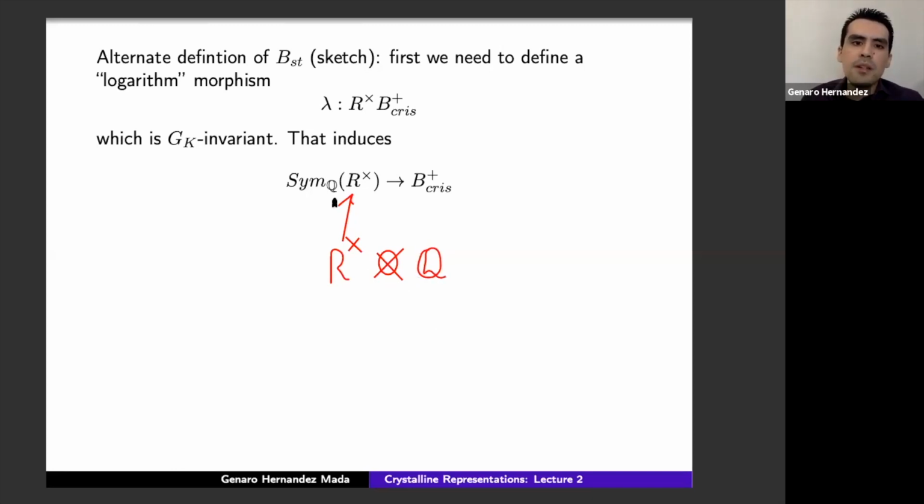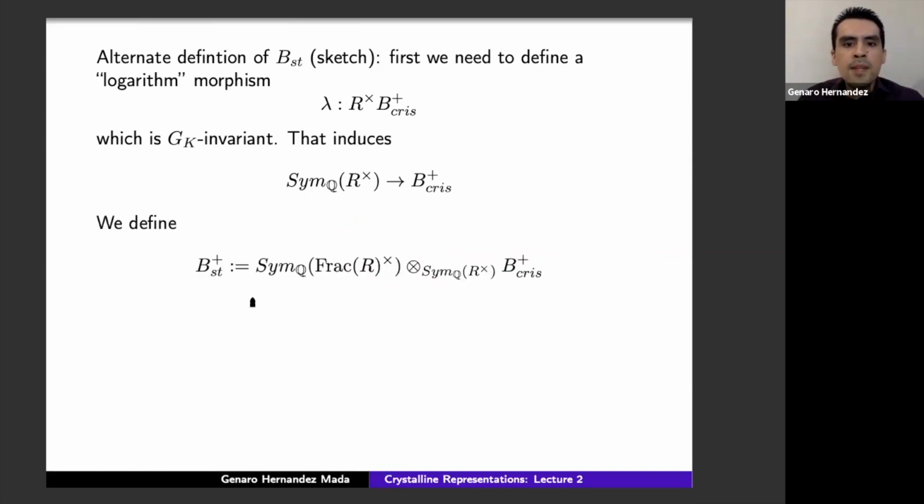So Sym_Q of R^× with Q, okay? And this gives B_cris^+ the structure of an algebra over this. So we define B_st^+ as this tensor product over this. That would be B_st^+.